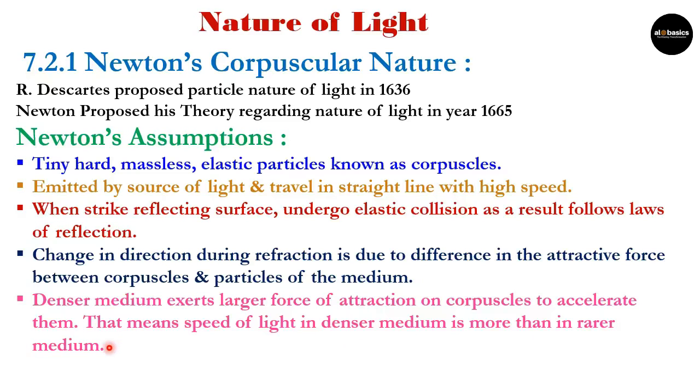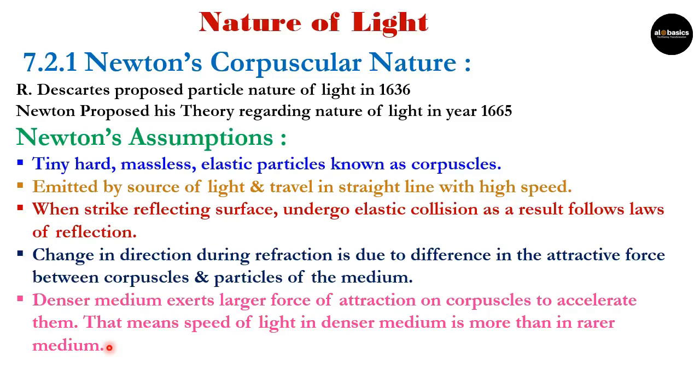At that time, it was actually not known whether speed of light is more in denser medium or rarer medium, but he gave an explanation for this on the basis of force of attraction.